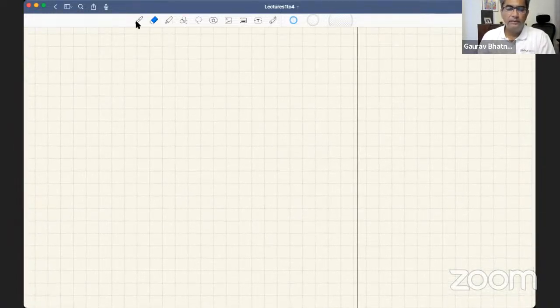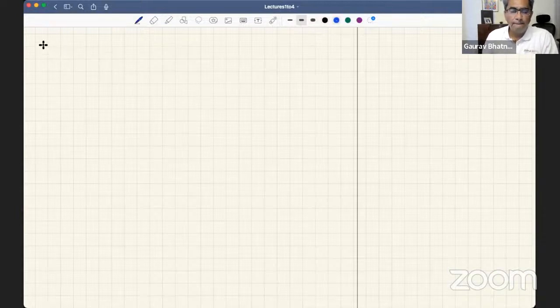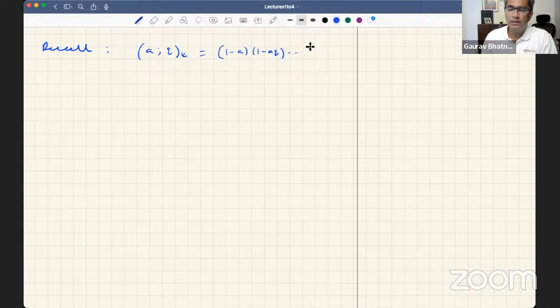Okay, so we recall the Q rising factorial notation. This is 1 minus A, 1 minus AQ, and so on until 1 minus AQ to the K minus 1, K terms.